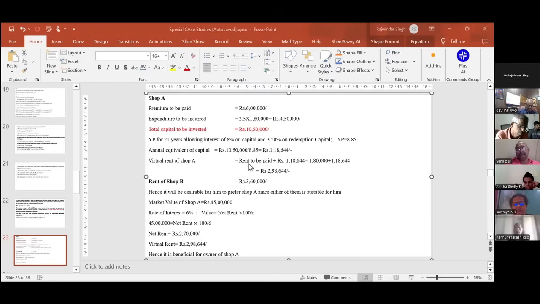So the total virtual rent is 2,98,640. And in the second case, the rent is 3,60,000. So hence it will be desirable for him to prefer shop A.